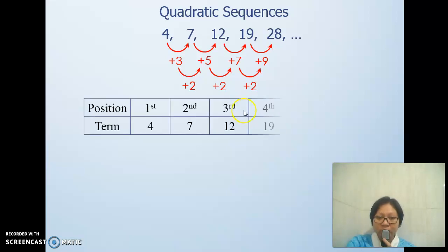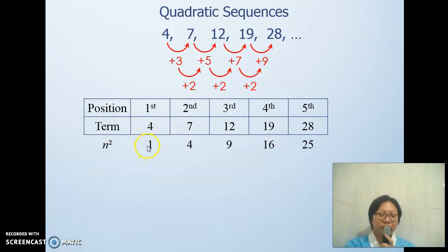So I'm going to use a table so I can see the position and the terms together. Put the square numbers under the terms. Like this. Under the first term is 1, under the second term is 4, and so on.